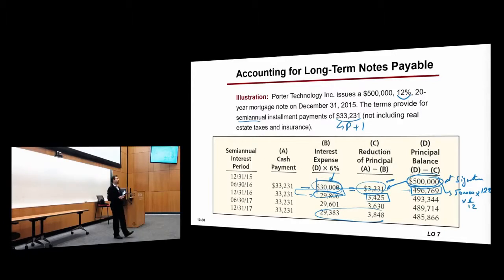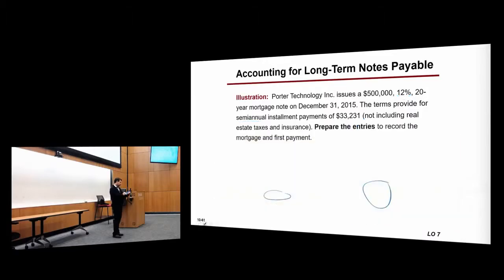Now this is the new balance in principal. This is what we will apply the interest rate to. We will apply the interest rate to the new balance in principal. Okay?